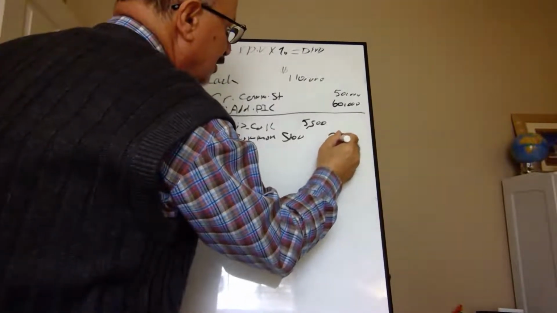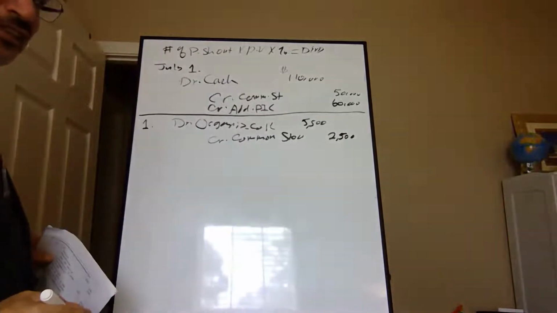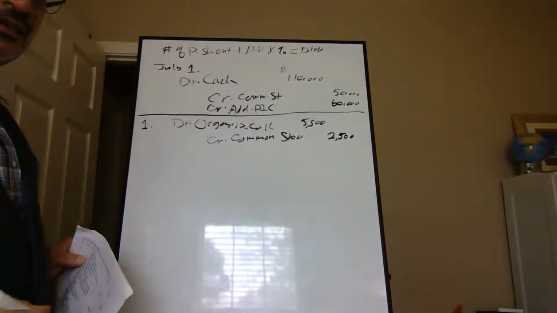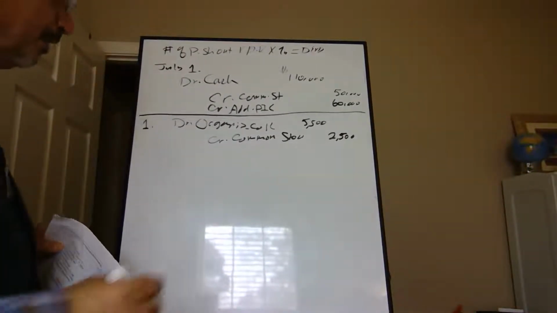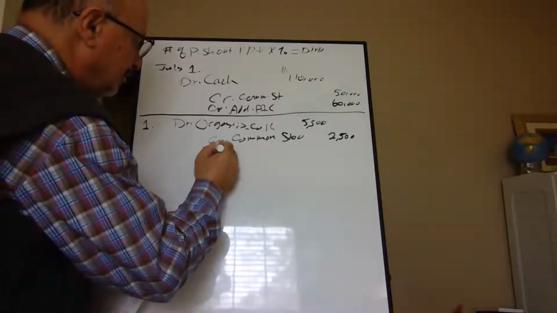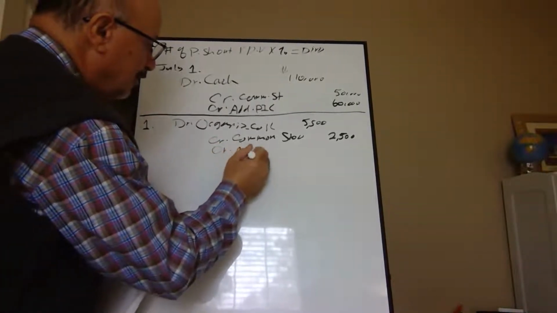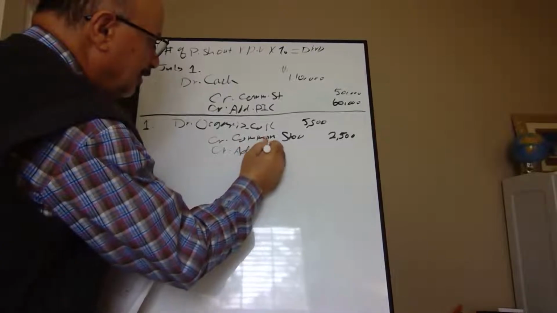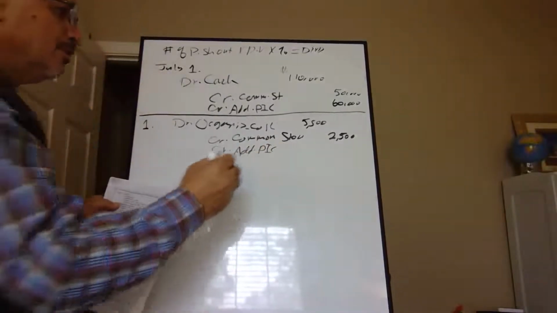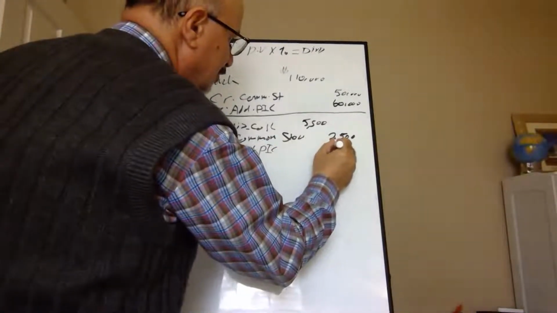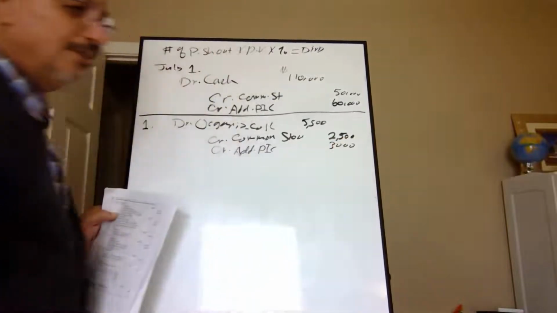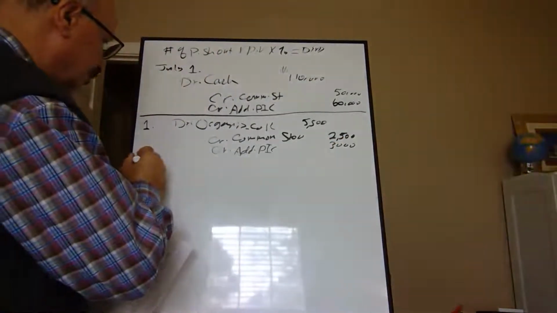And the difference is, again, additional paid in capital in excess of par value. Credit additional paid in capital for $3,000.